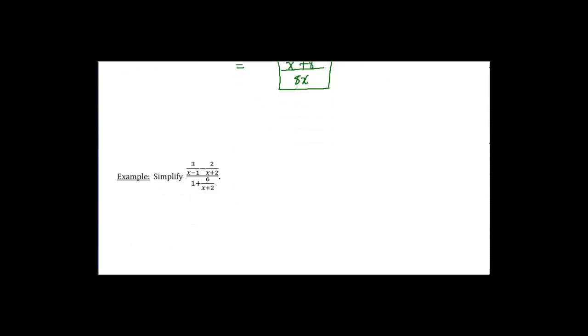Believe it or not, these do get a little bit more complicated. So let's look at an example where it actually gets a little more complicated. All right, this example here is one of those examples. If I look at my denominators, I have an x minus 1, I have an x plus 2, and an x plus 2, in each of those individual denominators.